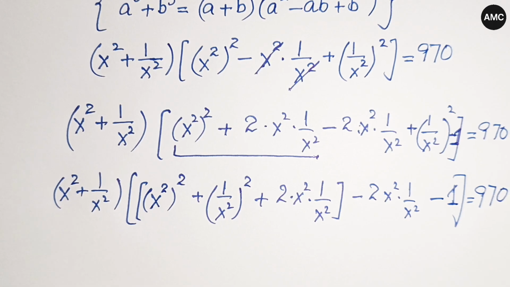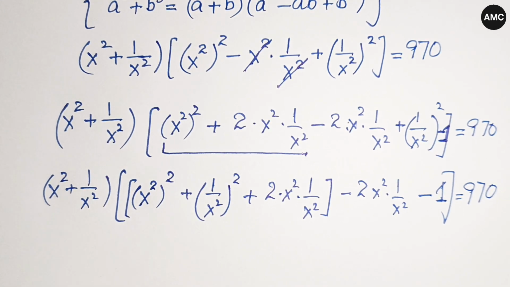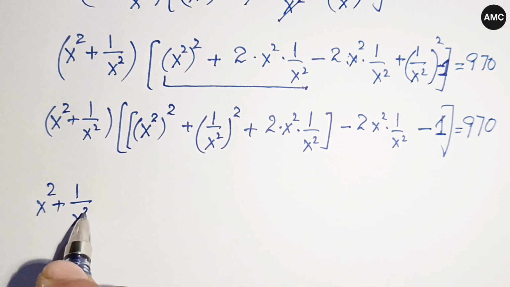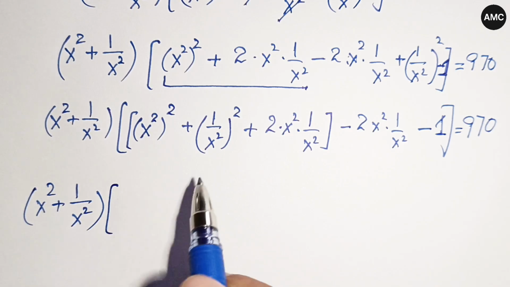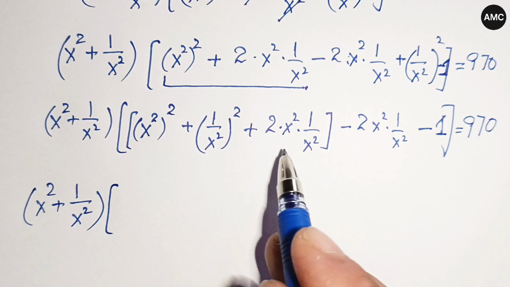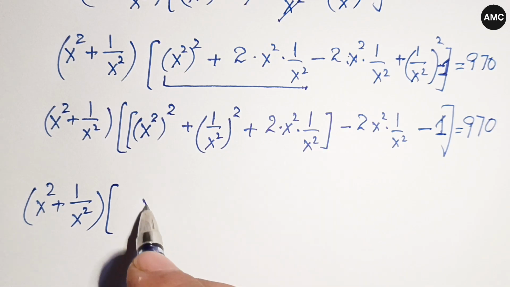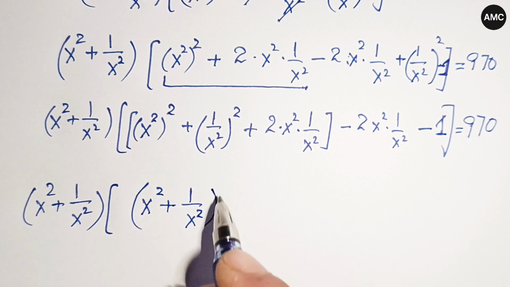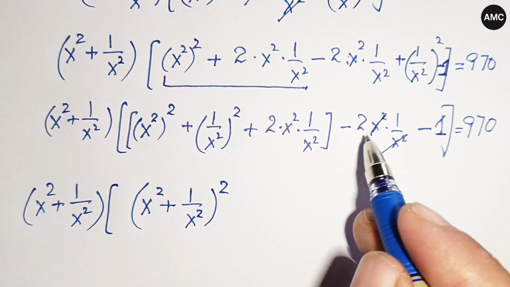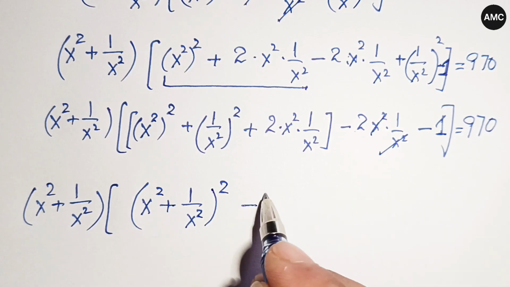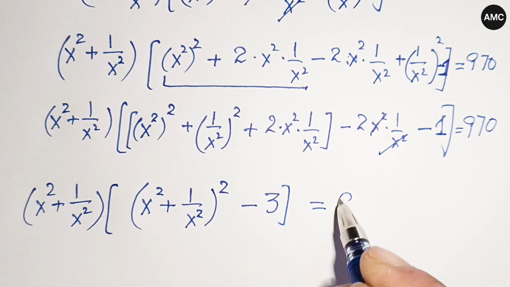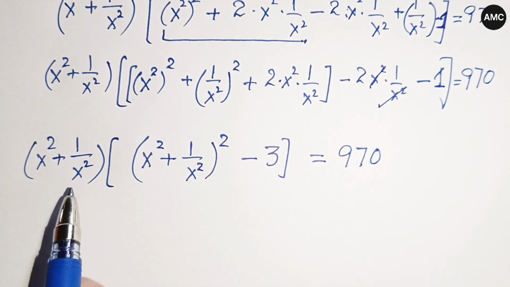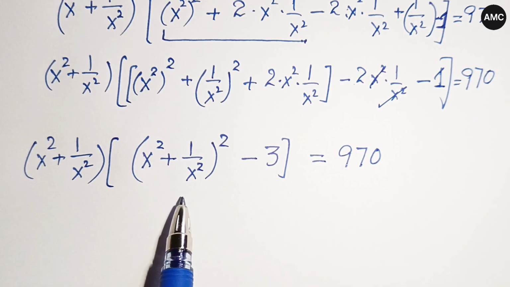Now the next step is x squared plus 1 over x squared times a squared plus b squared plus 2ab, so x squared plus 1 over x squared whole squared. The x squared cancels, we get minus 2, and with minus 1 we have minus 3, equal to 970.